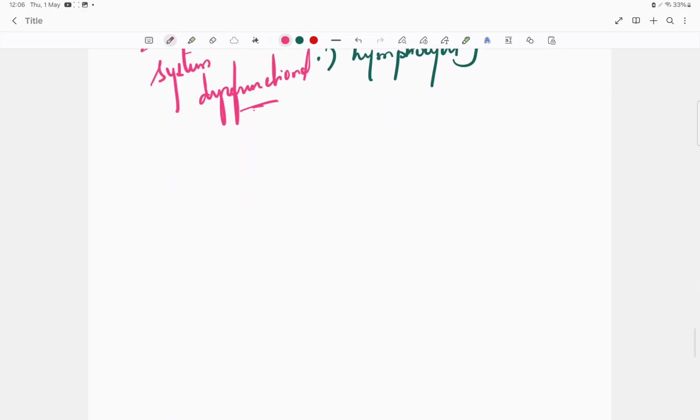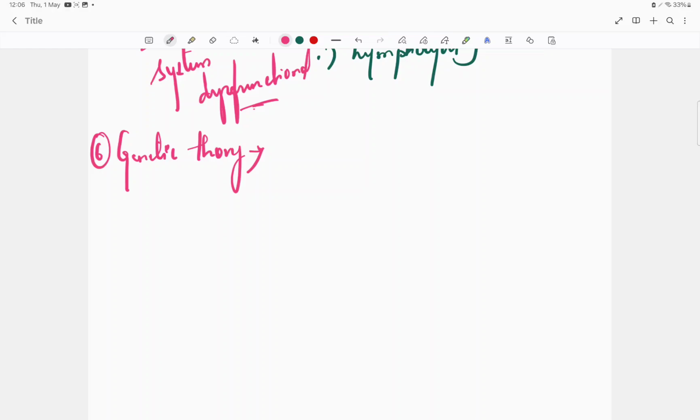And next is genetic theory. What is genetic theory? Basically, there are no proven theories that there is genetic inheritance.